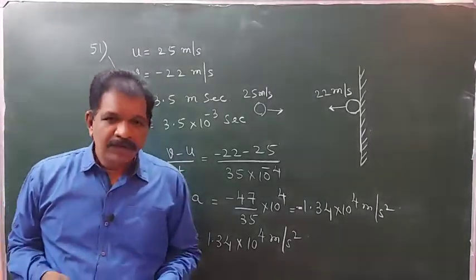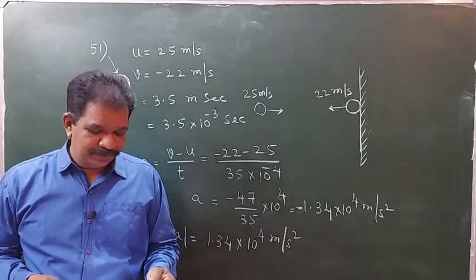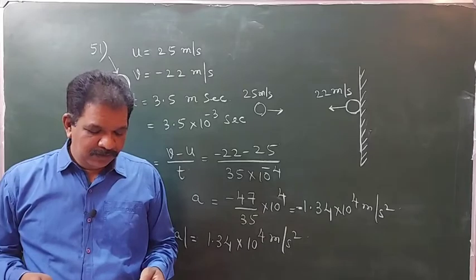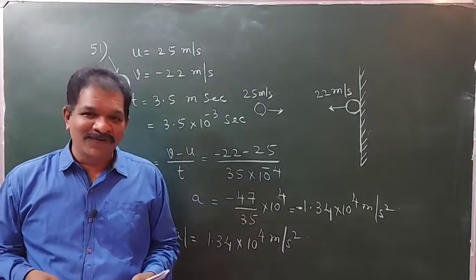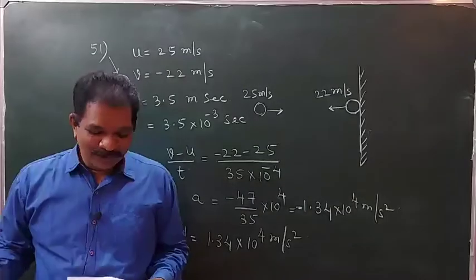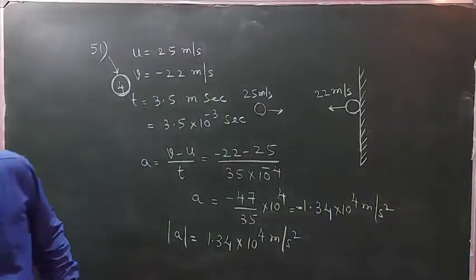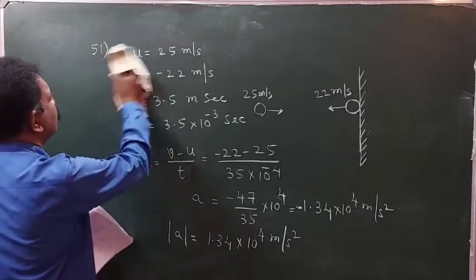Next, 52 no need, 53 no need, graph questions. 52, 53, 54, 55 all no need. Come to 56. What they are asking, see.